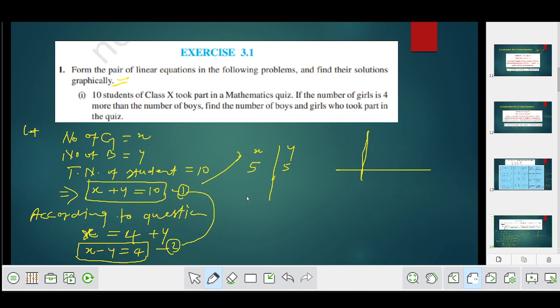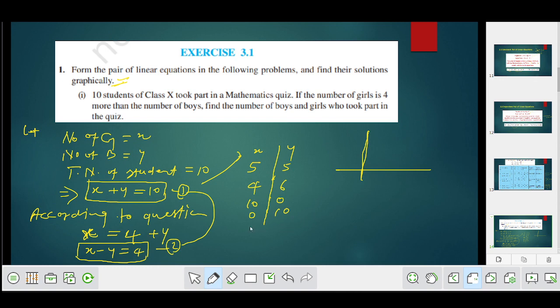If we take y equal to 6, then 10 minus 6 will be 4, the value of x. If we take y equal to 0, x will be 10. If we take x equal to 0, y will be 10. This is the nature of the first equation. These are the points of the first.